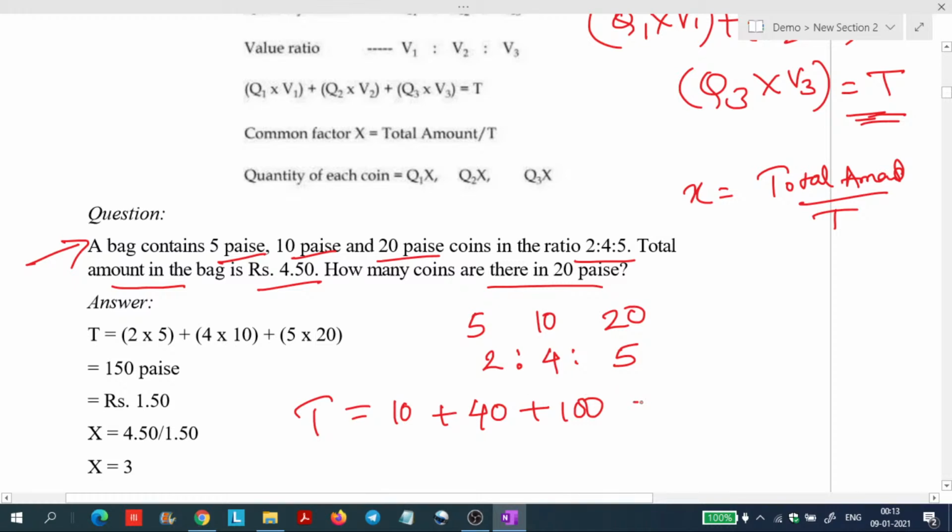Okay, so total is 150 paise, that is 1 rupee 50 paise.